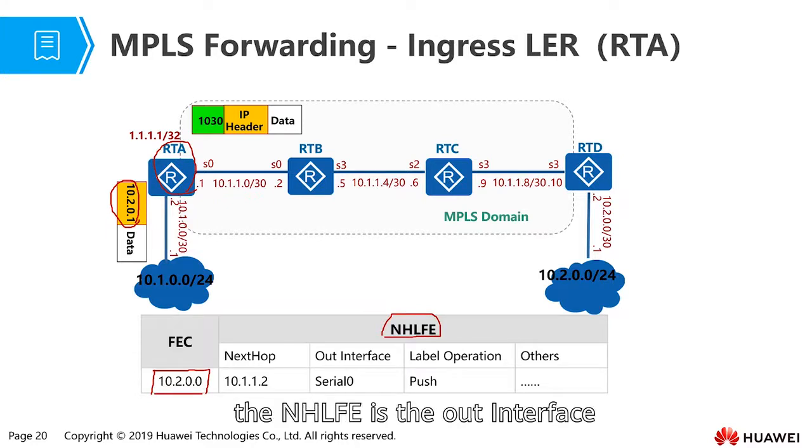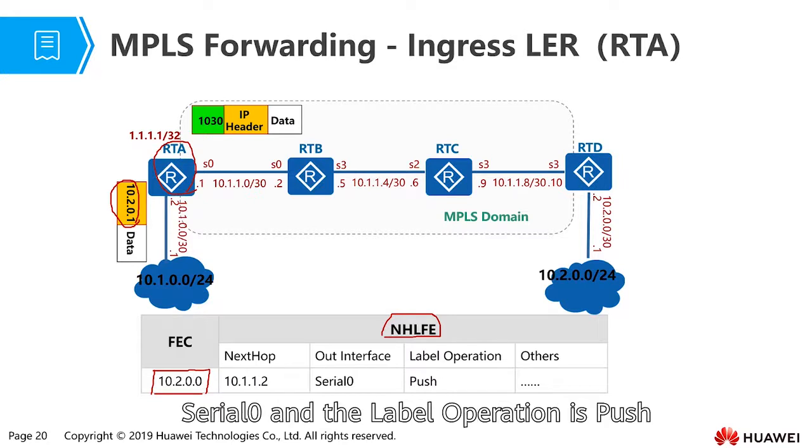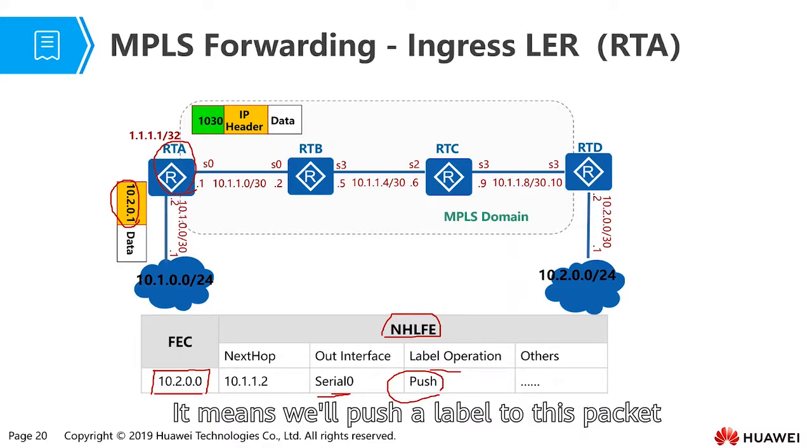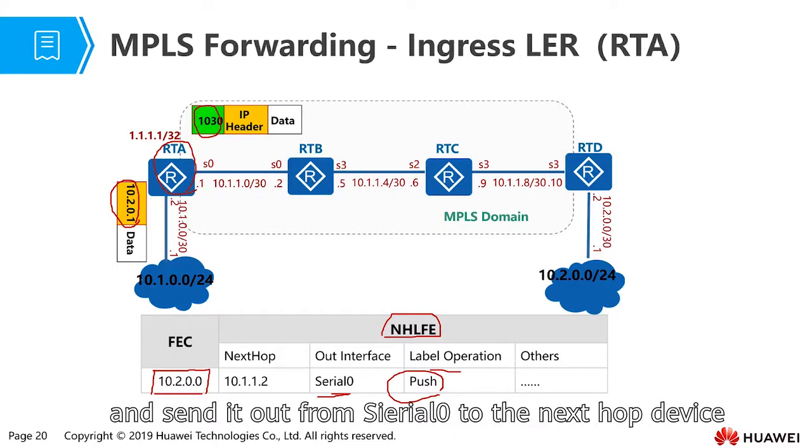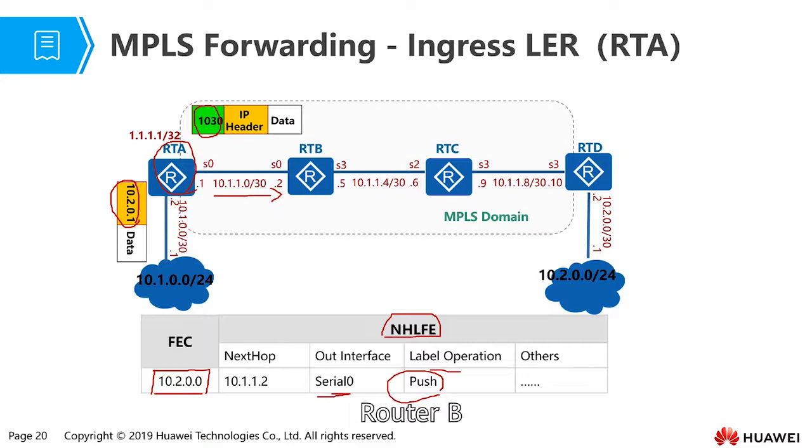The out interface is 0/0 and the label operation is push. It means we will push a label to this packet, and the out label is 1030. So we will push the 1030 label and send it out from 0/0 to the next hop device, router B.